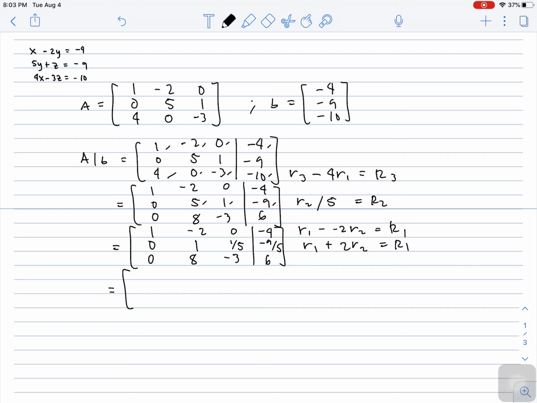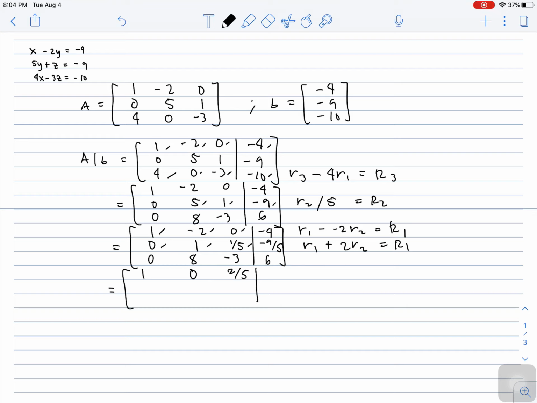Using this formula, 1 plus 2 multiplied by 0 is 1. Negative 2 plus 2 multiplied by 1 is 0. 0 plus 2 multiplied by 1/5 is 2/5.